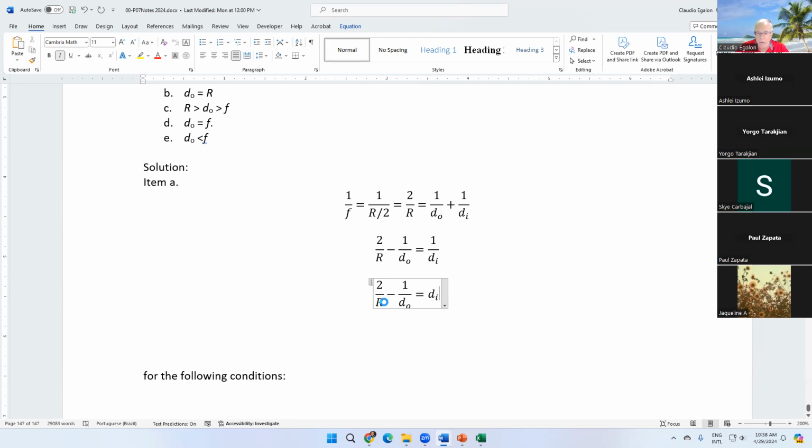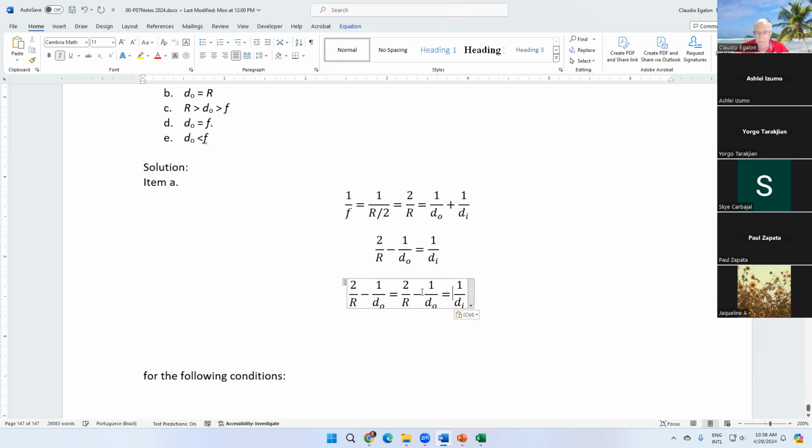I'm inverting here, and in addition to invert, I have also to put this one. Let's see how I'm going to do that. Let's keep on. Let's work on the left side first, and then we invert it afterwards.